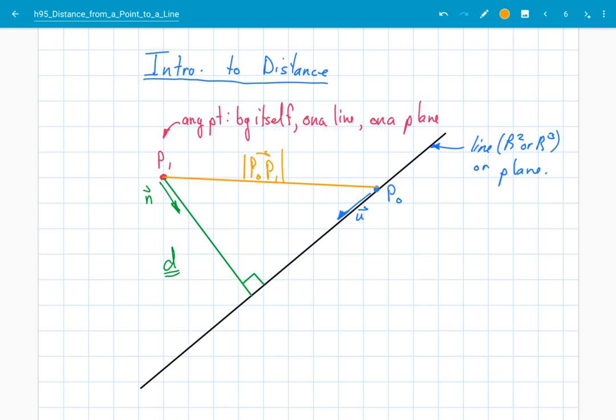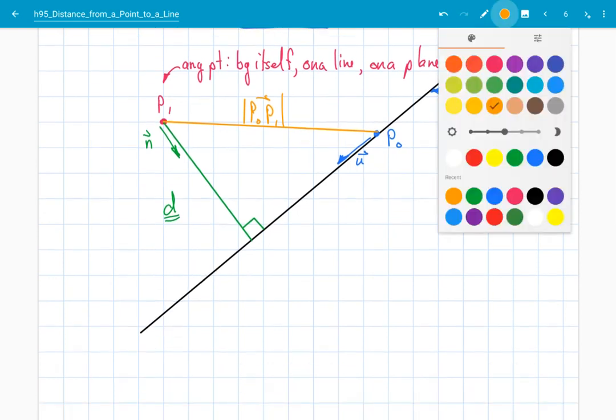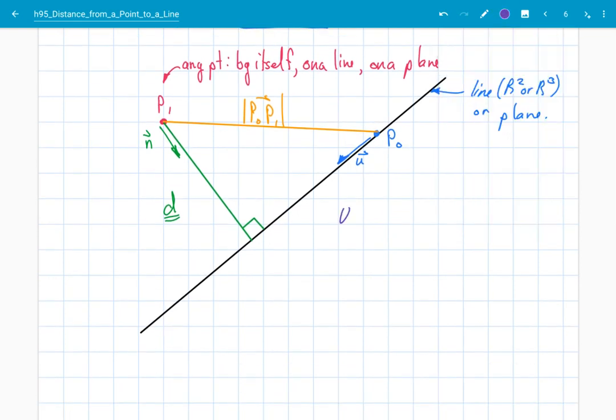So just make a note, the shortest distance is always perpendicular to the line or plane, right? So there we go. Because we have a right triangle, we can use SOHCAHTOA to find D. Right.